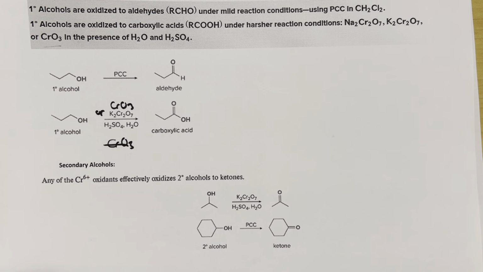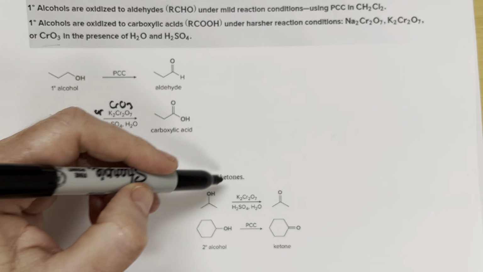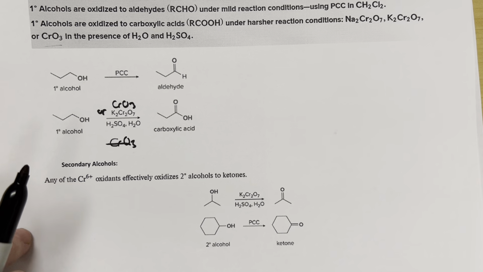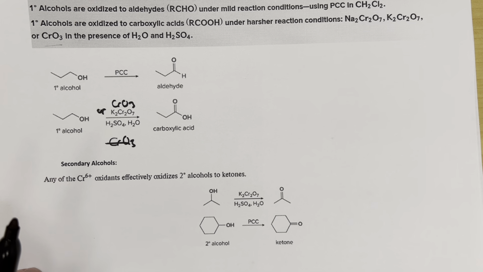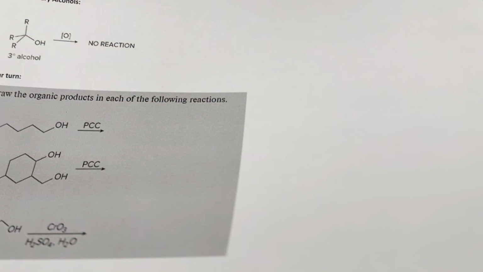And here we have another secondary, PCC. We'll also turn it into essentially the ketone. So for secondary, you can use either thing, and you're just going to get the ketone. Not as fancy. For tertiary, there is no reaction.